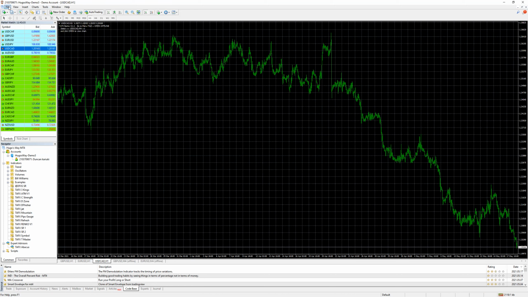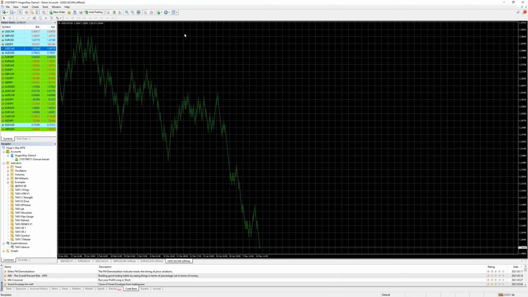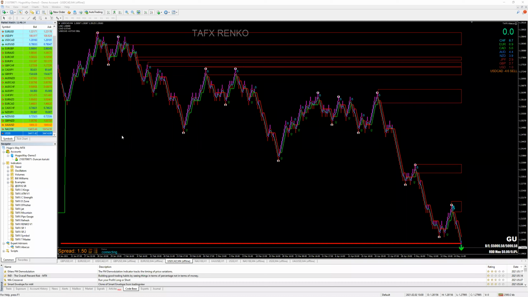Let's go to file, open offline, look for USDCAD minute 4, double click, go to template, replace it with that template. And as you can see now on my chart, it's very simple. Now this is how you trade with the TFX Renko.